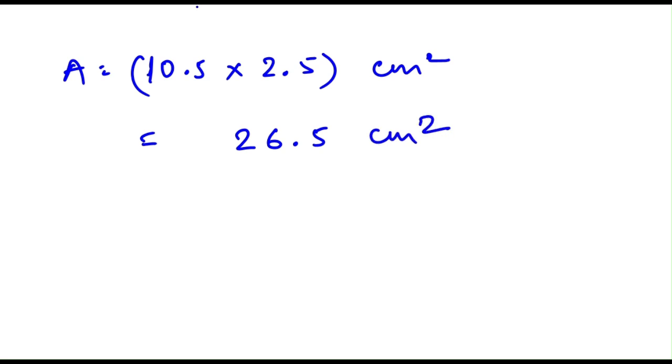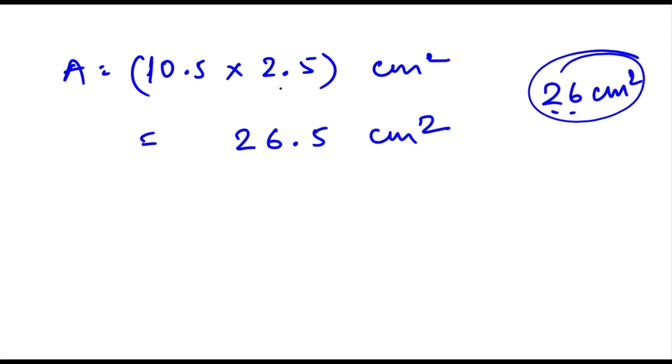Okay, I would like to mention one more thing here. In our previous discussion of the same thing, where we were retaining the number of significant figures, I have written only 26 centimeters square, keeping in mind that the number of significant figures in the final result should not be more than the number of significant figures in the measured value.